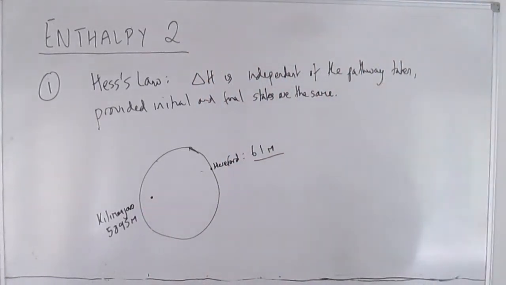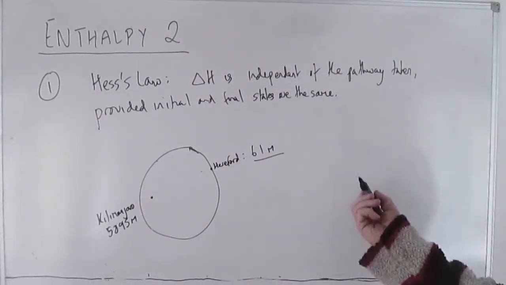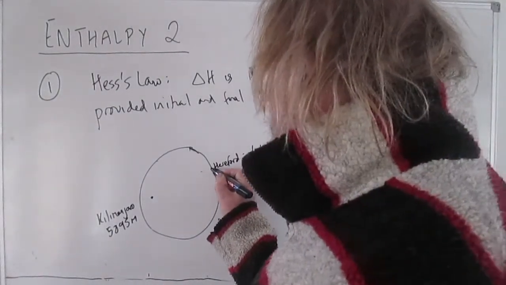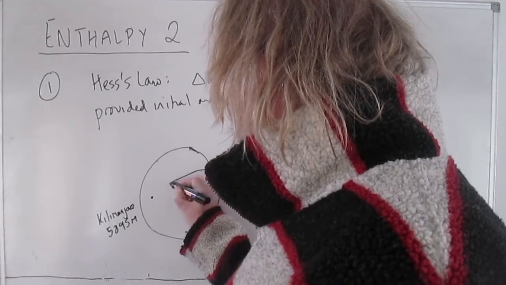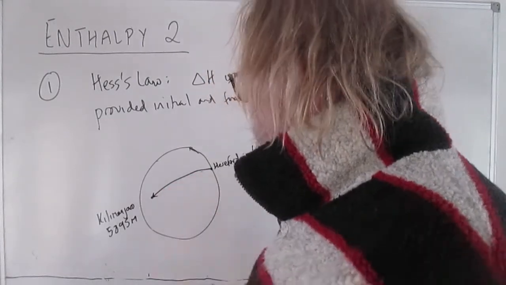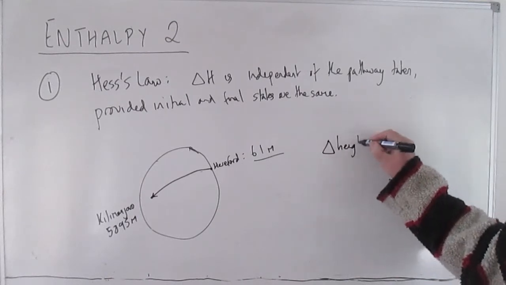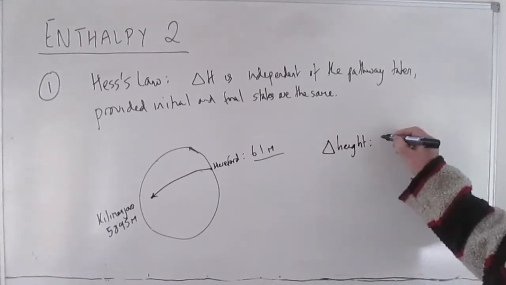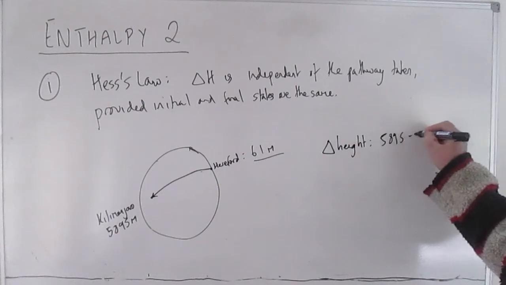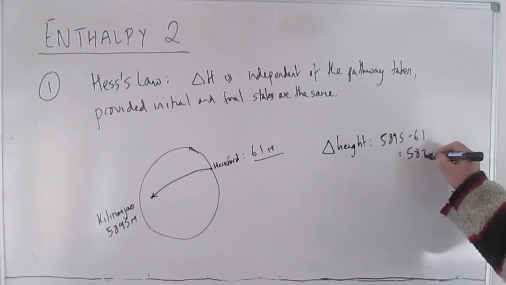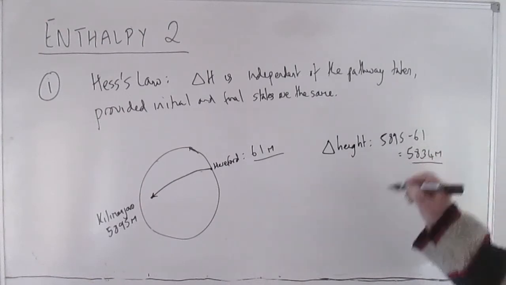So what that means is that if you went in a straight line, obviously around the curvature of the Earth, but if you went directly to the top, like that, then the change in height would be 5,895 minus 61, which is 5,834 meters.